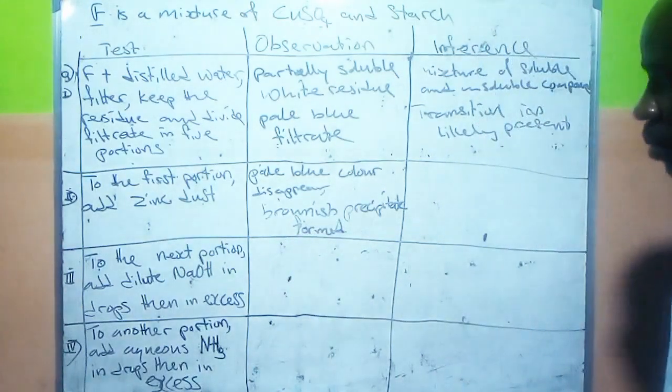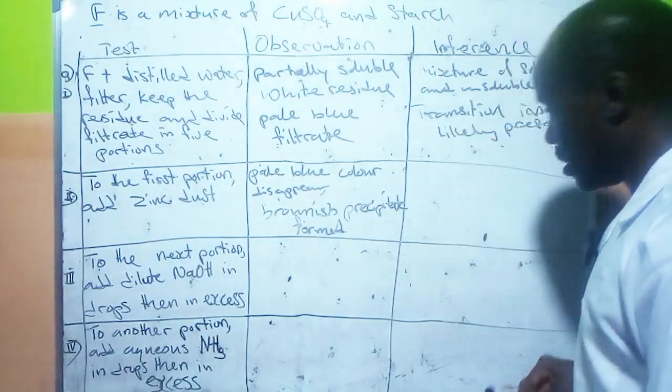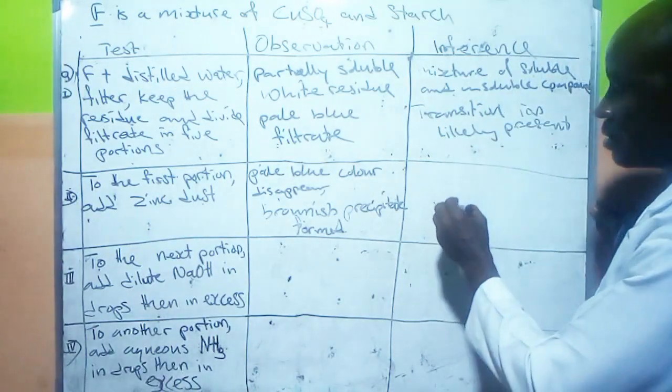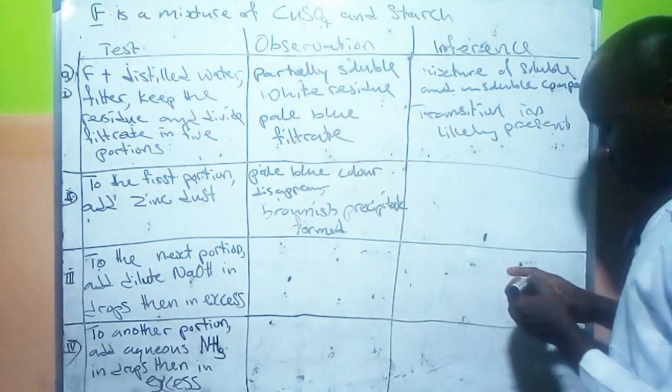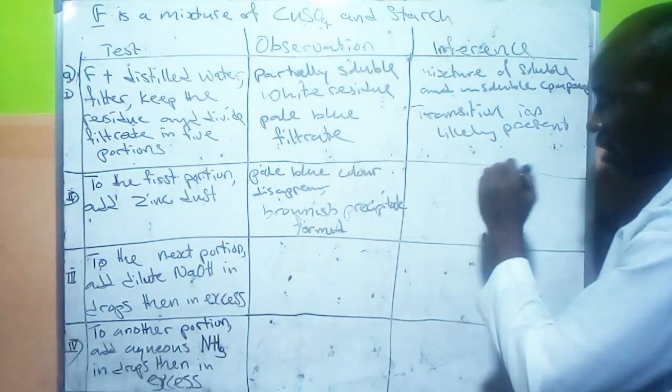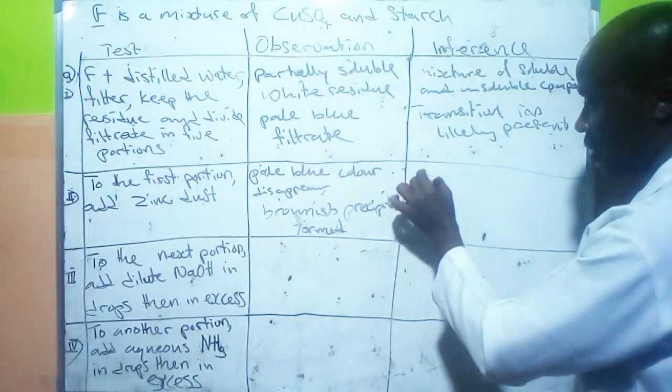So what do we have here? What does it mean? Since we know it's zinc, and we don't know what we have there, it simply means that it's a displacement reaction.